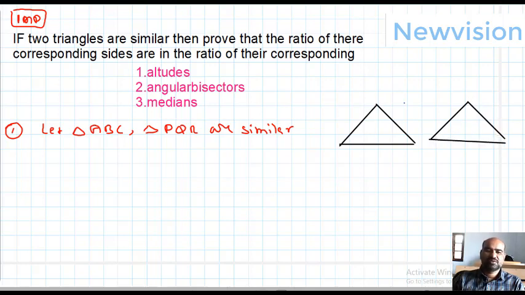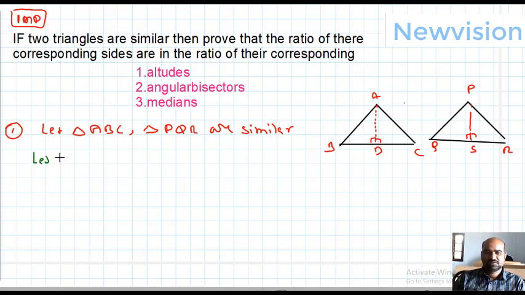I can name them triangle ABC and triangle PQR. Given that they are similar in that order, draw a perpendicular from A to BC, D is the foot, and draw a perpendicular from P to QR, S is the foot. Now AD and PS are corresponding altitudes.